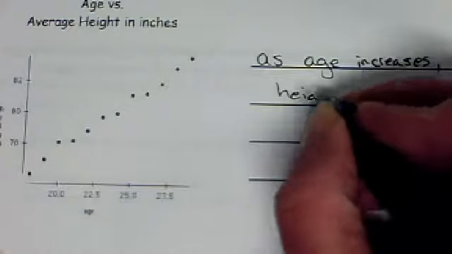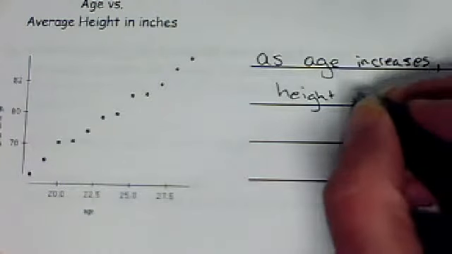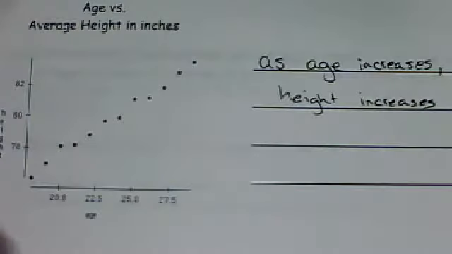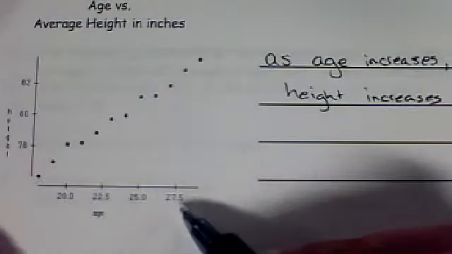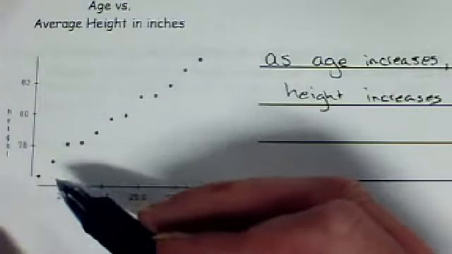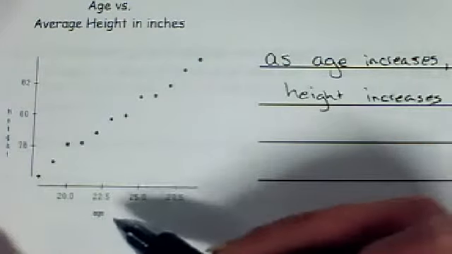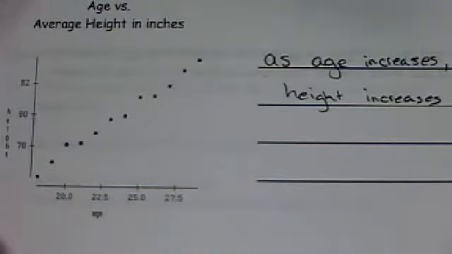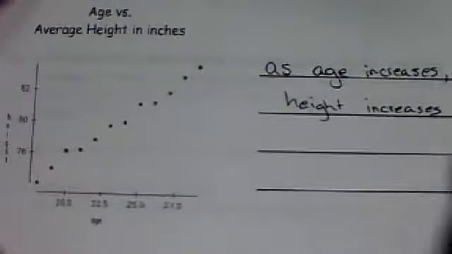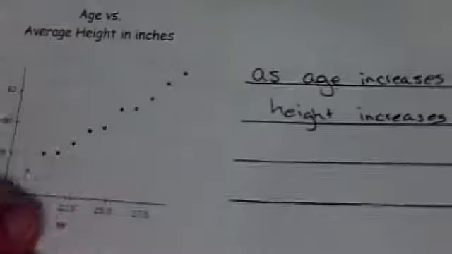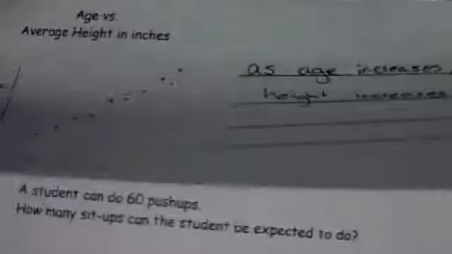Now it does seem like that one could be a causation, but look at the ages and look at the heights. What if we had had more points? Would there be a difference? So that's the type of things you want to talk about if you're looking at your data in a scatter plot.